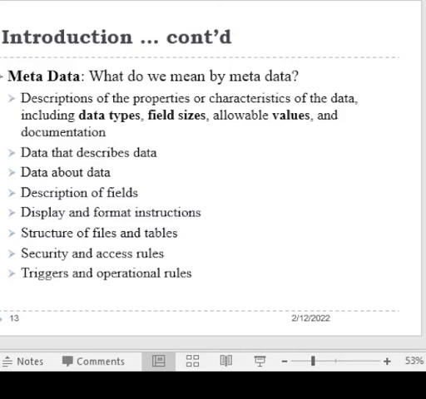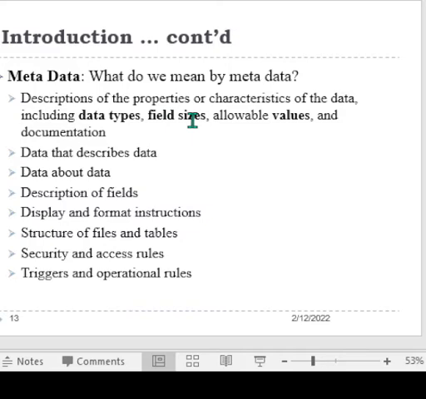Whenever we describe these properties or characteristics of specific data, we can define them in the form of a data type. Which data type do we use? We can also define in the form of field size. There are different kinds of data types. The first ones are integer, character, string, boolean, and other kinds of data types. So we can define the data in the form of a data type. The second one is field size.